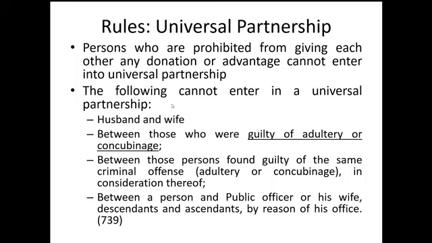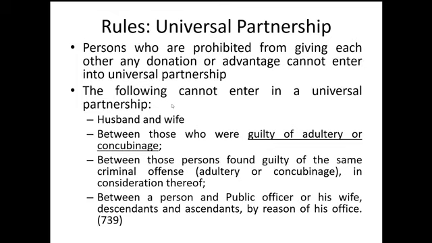Now, remember that a universal partnership, whether of all present property or all profit, is by nature like a donation. That's why those who are prohibited to give donation to each other cannot enter into a universal partnership. Who are prohibited to give donation to each other? First, husband and wife.